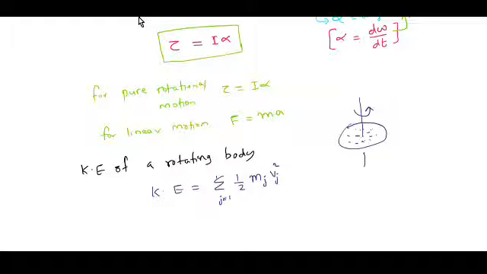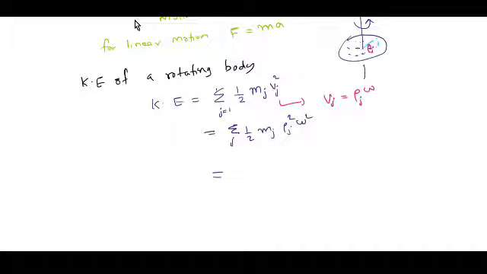Fine. One more thing we have noticed: if this is the jth particle, and this is the perpendicular distance of the jth particle from the axis of rotation, that is rho j, then the speed v can be expressed as rho j omega. Therefore, the kinetic energy is half mj rho j square omega square.